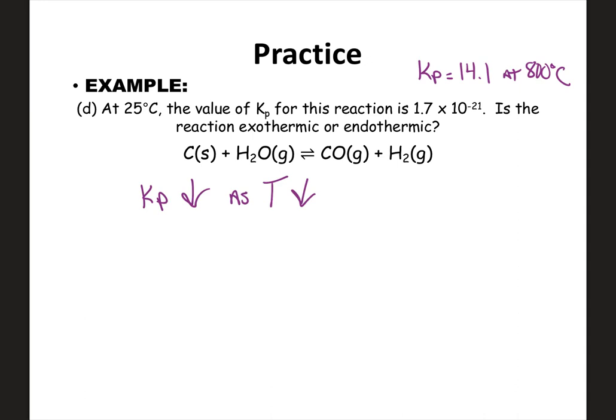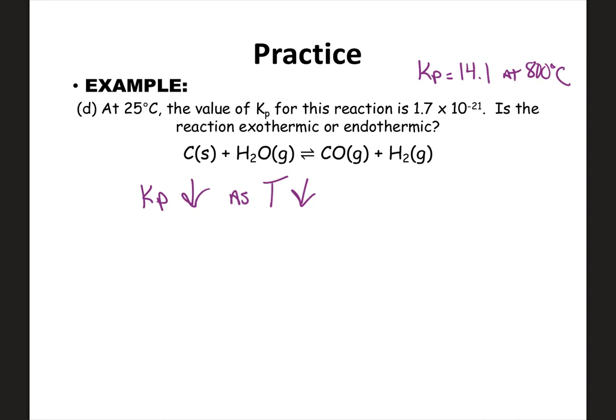Essentially what that means is if the Kp is lower, and Kp is products over reactants, you have more reactants present when we lower the temperature. Think about this: if you make it colder, the reaction needs to shift in a way to generate more heat.